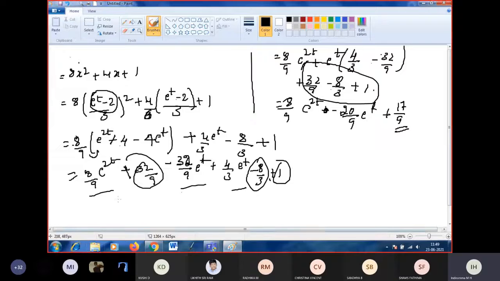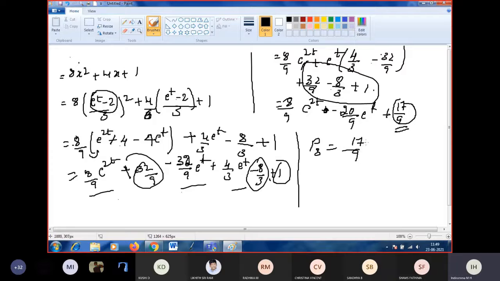So P1, P2 have no change, only there is a change in P3. In the next step also you change it. Instead of 41 by 9, you change to 17 by 9. So P3 is 17 by 9.